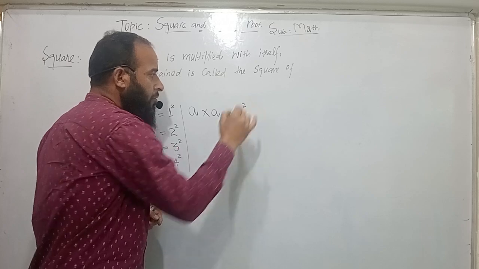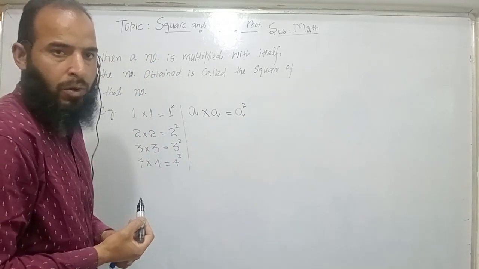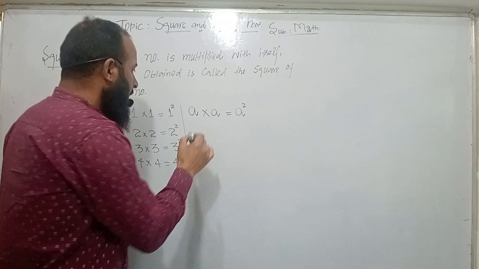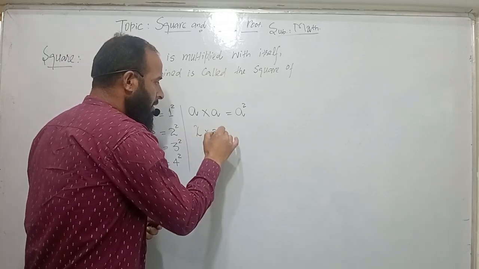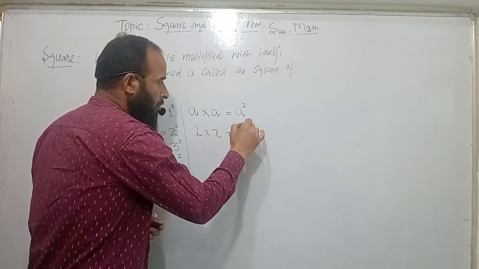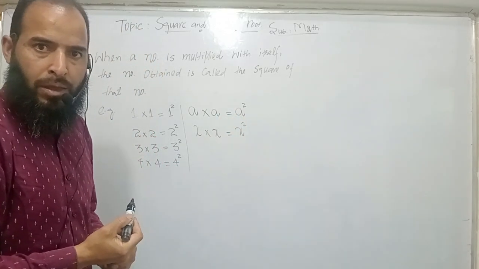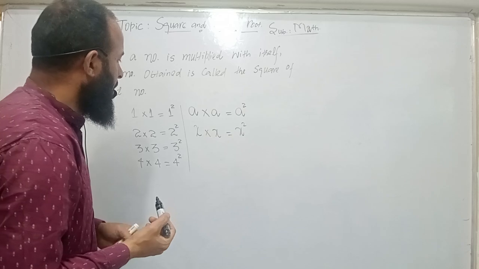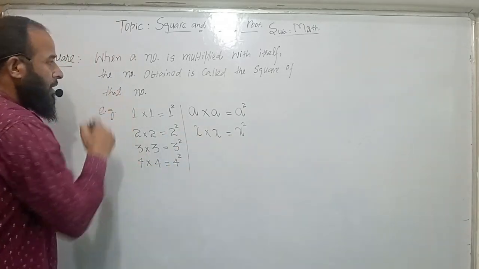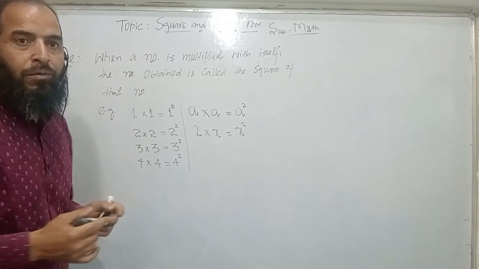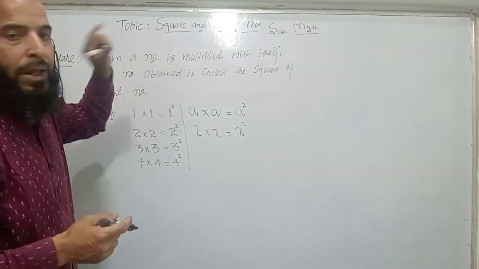It is a square or square of a. And likewise, if we have x into x, we get x square. Okay? So this is about the square, definition of what do we mean by square.